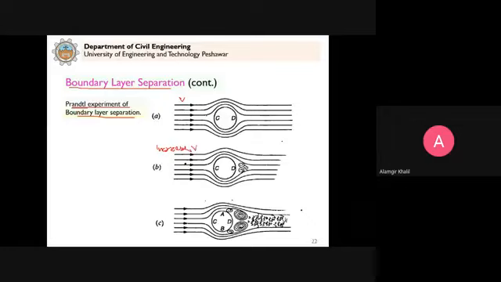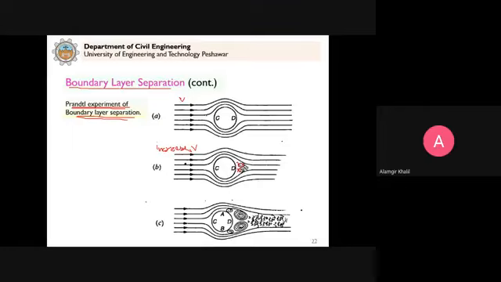What Prandtl did in the experiment is that he put a cylinder here, and the fluid is allowed to flow past this cylinder. To visualize these streamlines, he sprinkled particles of aluminum, because aluminum will reflect the light and the streamlines can be visible. On increasing velocity, he observed that these vortices form at the rear side of the cylinder at point D. You can see here.